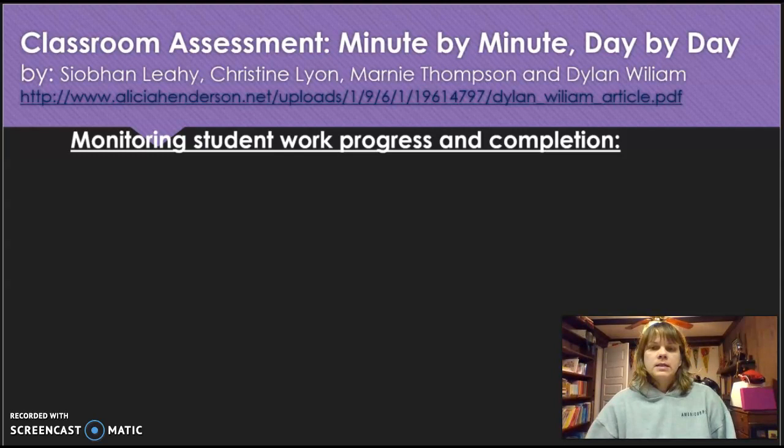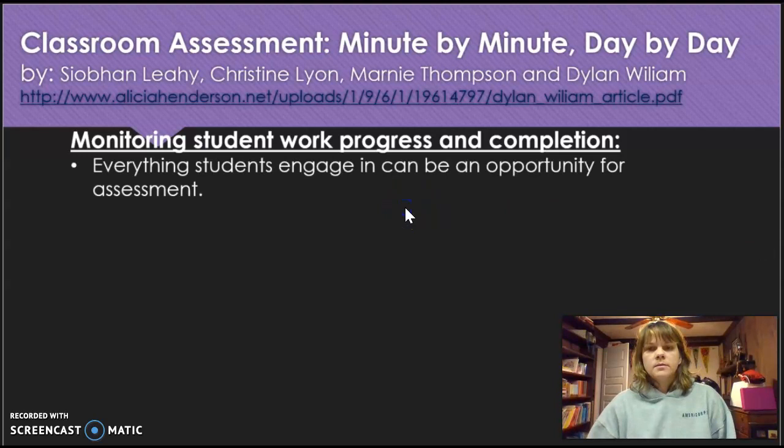Research indicates that assessment for learning improves student achievement, which means that we should always be assessing. As mentioned in Chapter 5 of the text, monitoring should be occurring at all parts of the work process. This article, Minute by Minute, Day by Day, reinforces that practice and adds that this monitoring can be used as assessment at every single level.